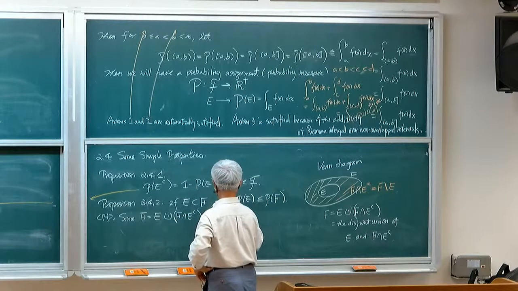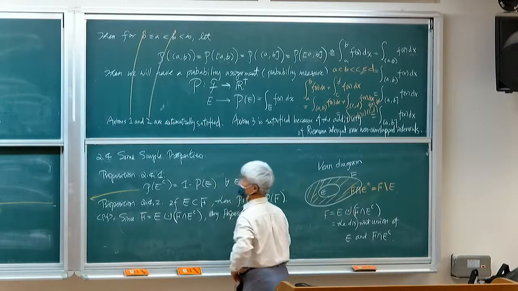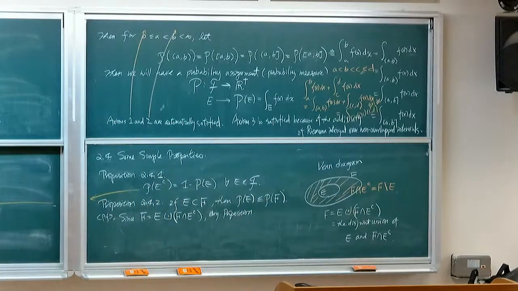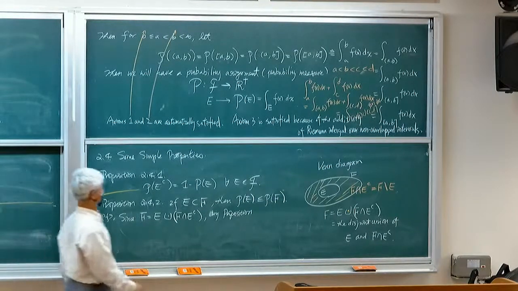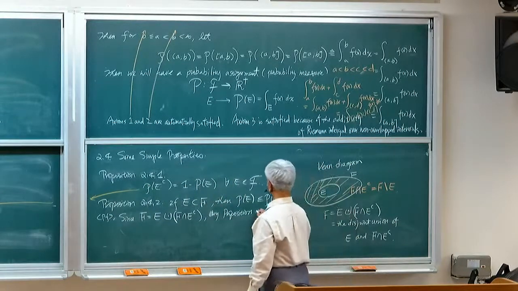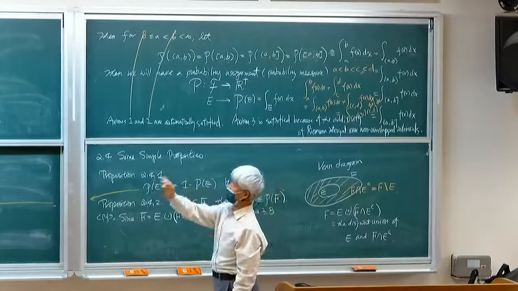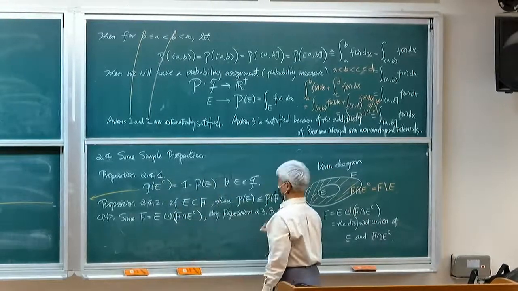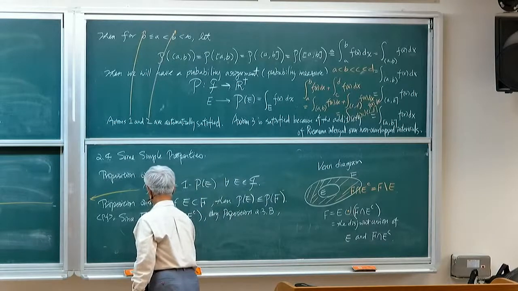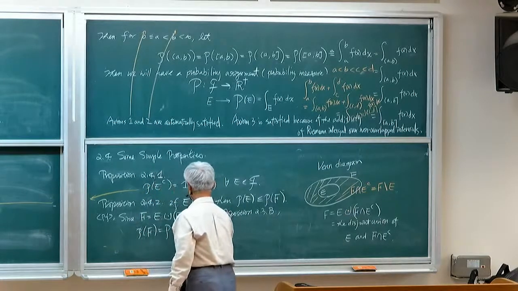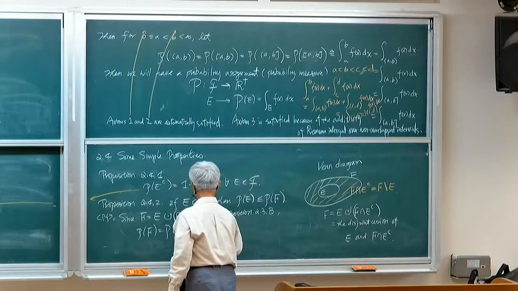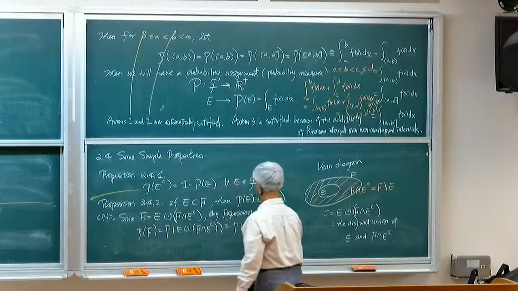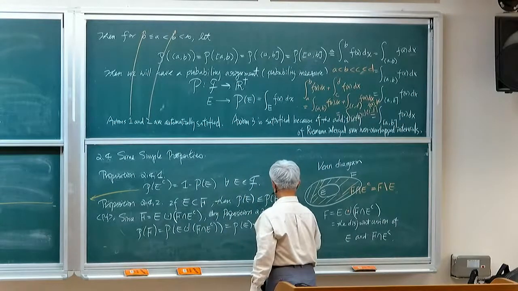So by proposition 2.3.b, I'm sorry, I erased that already, the probability of F is equal to the probability of E disjoint union F intersect E complement, and this is the probability of E plus the probability of F intersect with E complement.